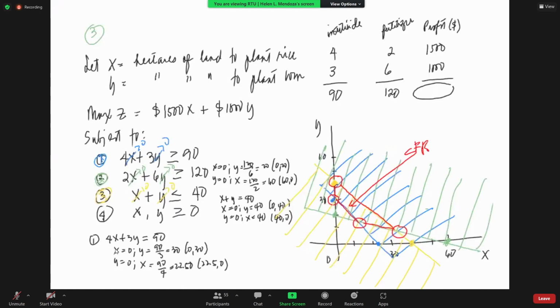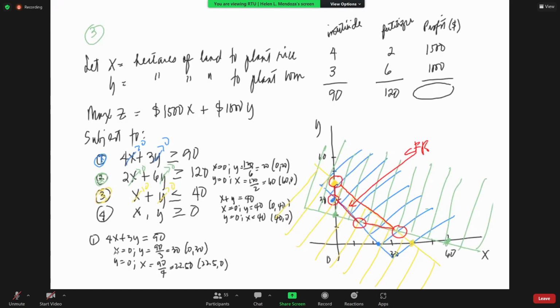So we do now the objective function. So our objective is to maximize Z, which is equivalent to 1,500x plus 1,000y. So we have 1, 2, 3, 4 corner points of the feasible region. So tignan muna natin yung mga available. So we have 0, 30.